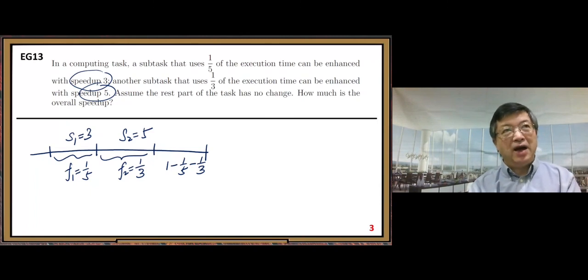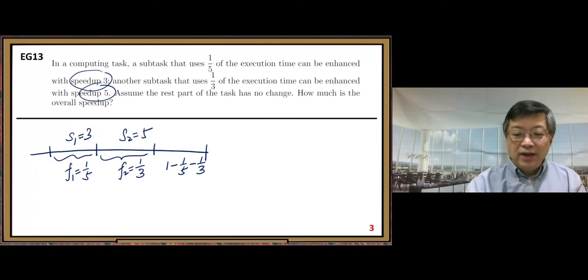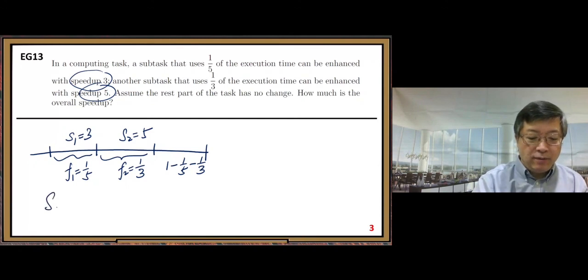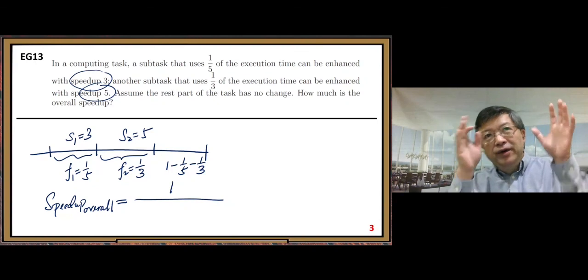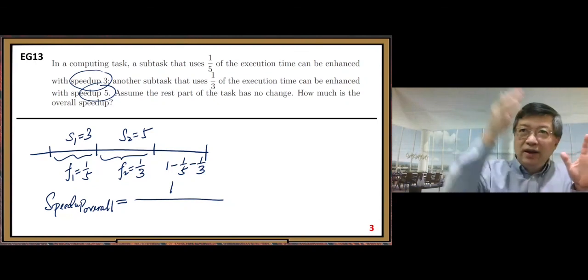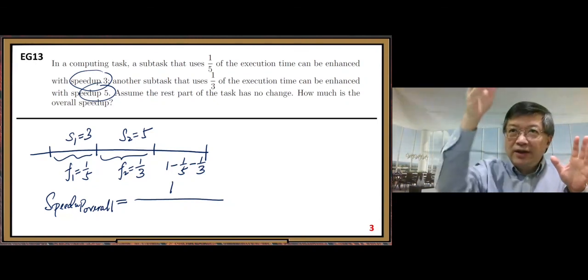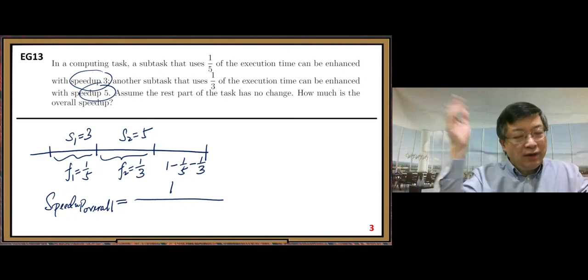All right, so now the overall speedup. One over... think about it. T old cancels out, top and bottom, so we have 1 in the numerator.